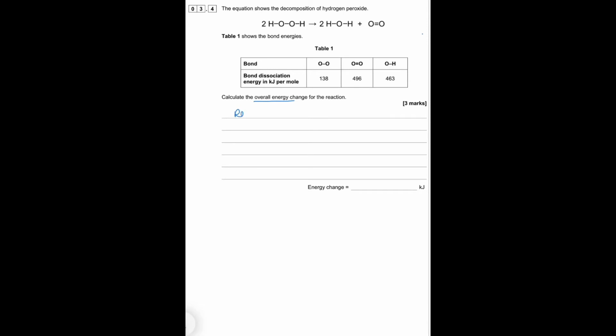So if we look at the reactants to start off with, we can see here that we've got an oxygen to hydrogen bond, another oxygen to hydrogen bond, so that's 2, but because we've got 2 molecules, that's going to give us 4 oxygen to hydrogen bonds, and we have an oxygen to oxygen bond there, but again, because we've got 2 molecules, we've got 2 oxygen to oxygen bonds.